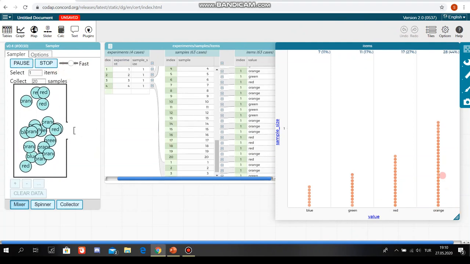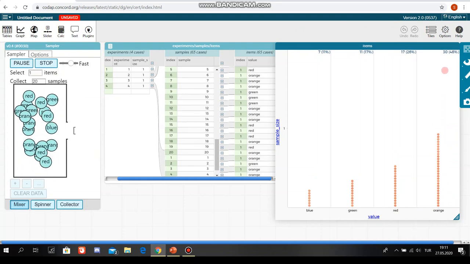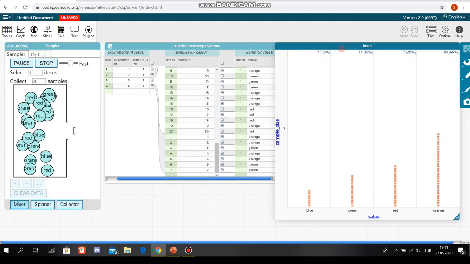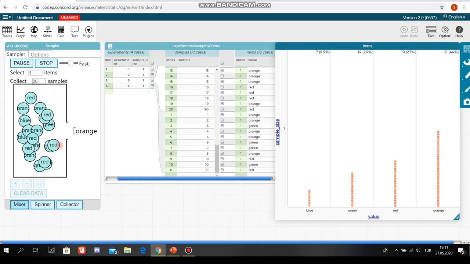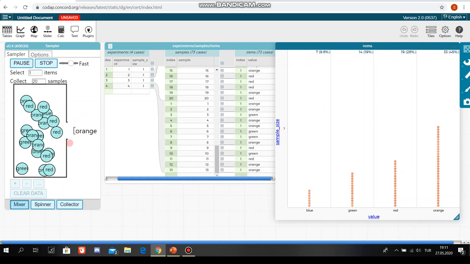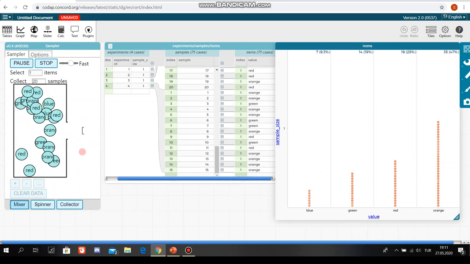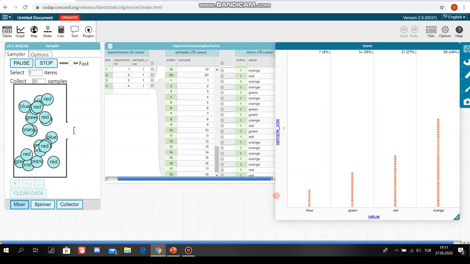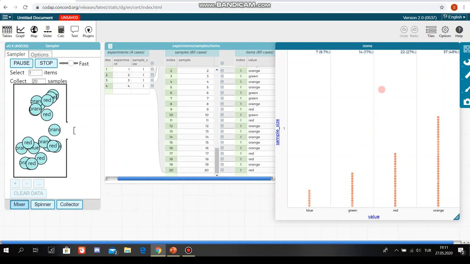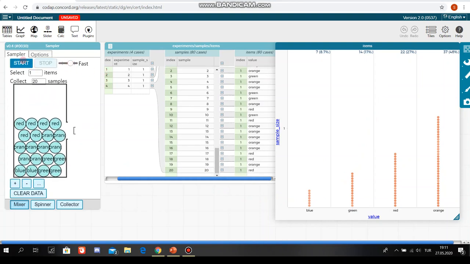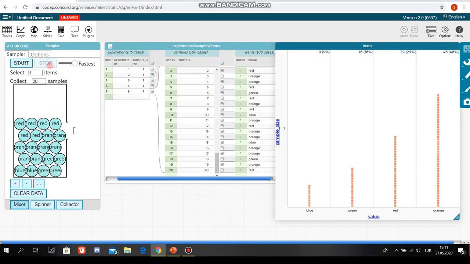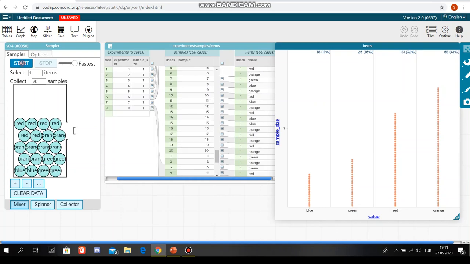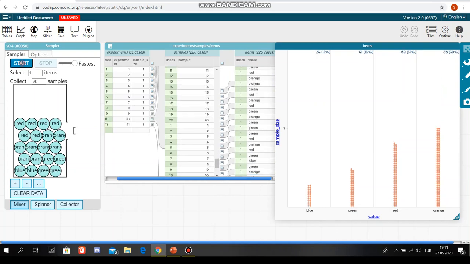If orange comes, the orange numbers are increasing, and here you can follow the percentages and the numbers coming from this box. I am doing it again with the fastest mode to see the results in an easier and faster way.